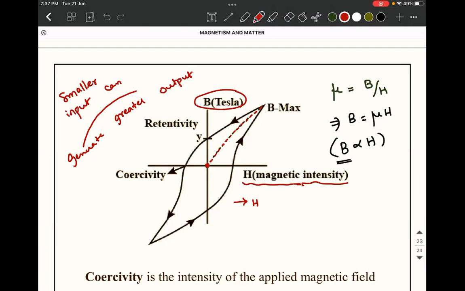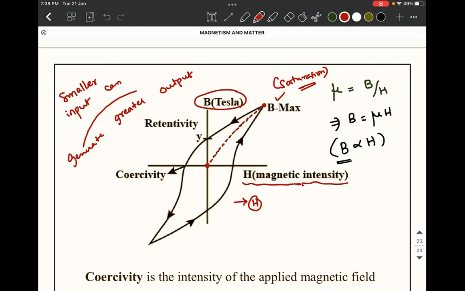After that, even if you keep increasing the value of the input field intensity H, it attains a maximum value called the saturation value at a particular point, beyond which, however much you try to increase the value of H, the magnetic induction will not increase. Is it clear till this point?